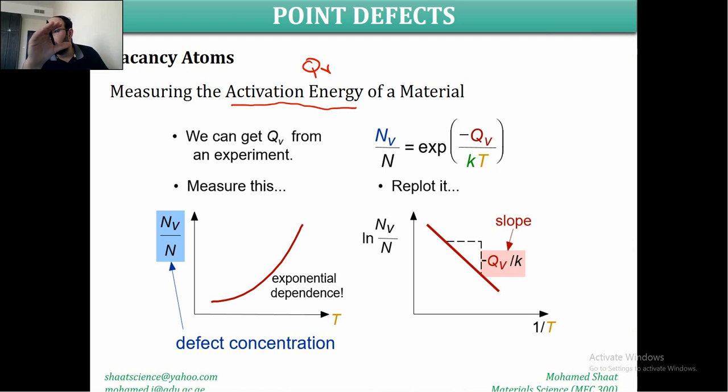How can we determine this QV experimentally? The procedure is simple. We are getting an image. We're going to look at the material's atomic structure through the TEM, the transmission electron microscope. This is a high-resolution microscope with which we can clearly see the distribution of atoms inside the material microstructure.